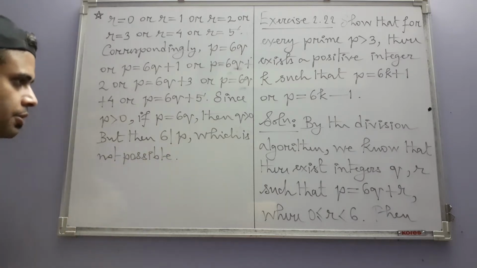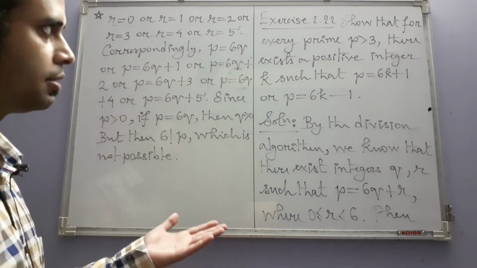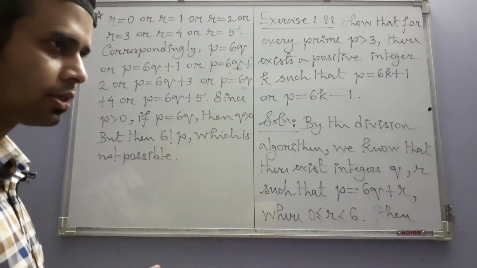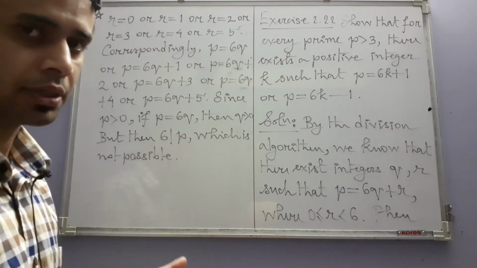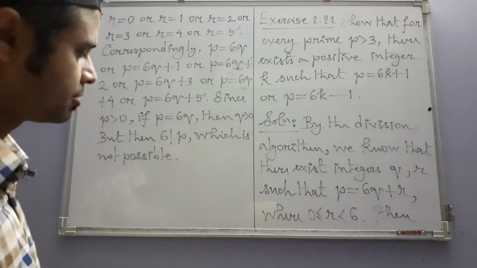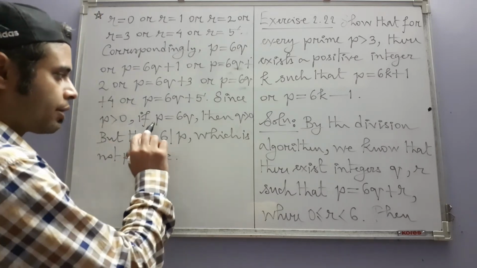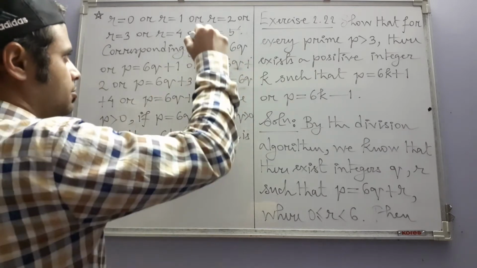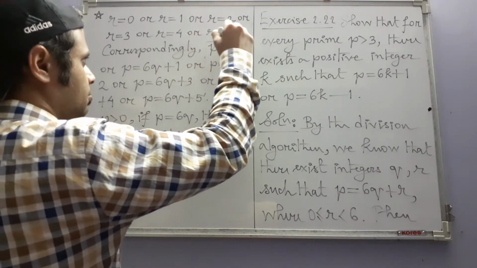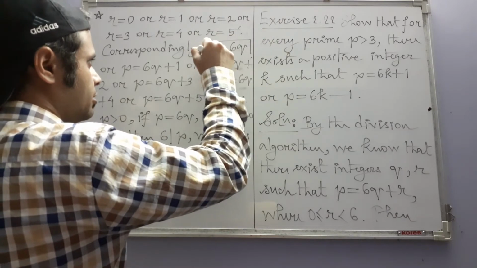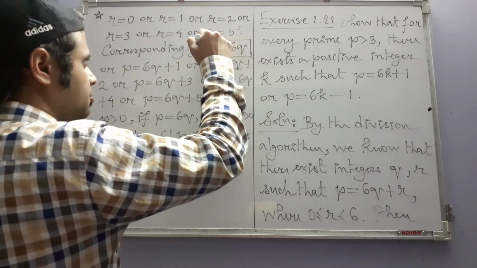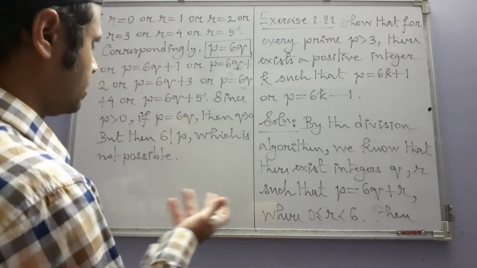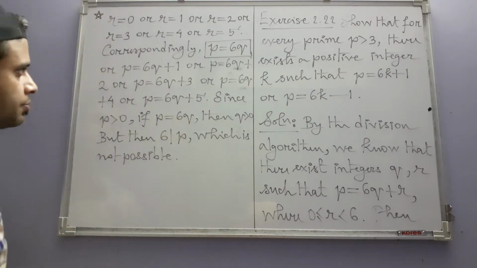Why is that not possible? That is because p is given to be a prime number. So if 6 divides p, then 2 distinct primes divide p, 2 and 3, and that is not possible. So p cannot be equal to 6q. So this possibility is ruled out.